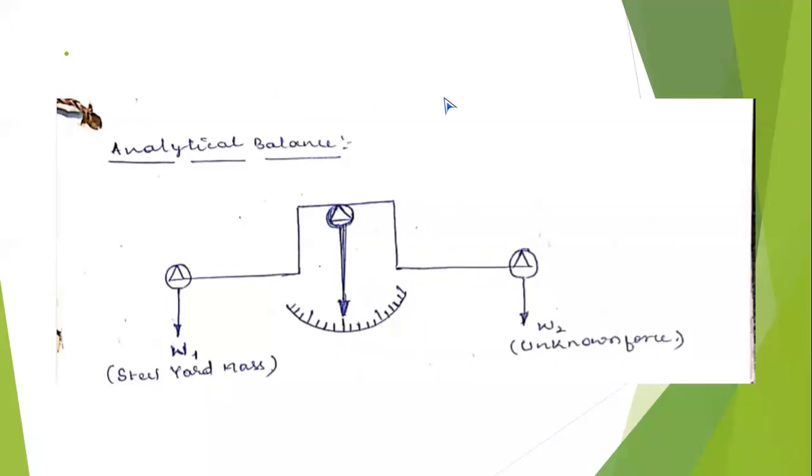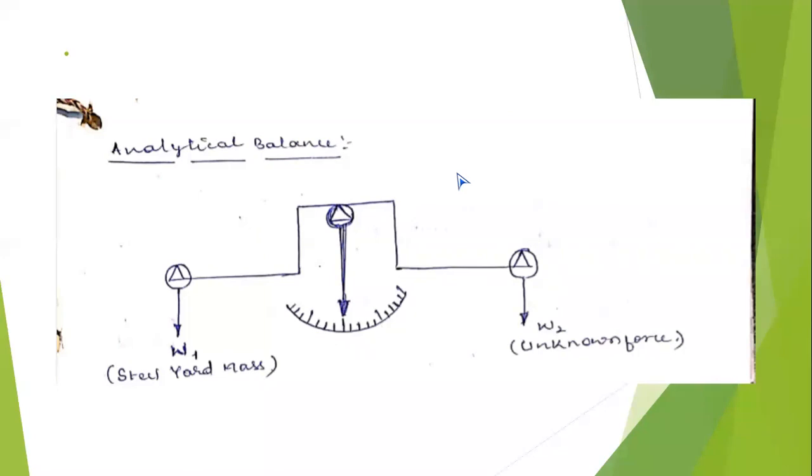Before weighing the force, bring the analytical balance to read zero. That is nothing but bring the analytical balance to null balance. That is, this dial should read zero. All of you observe here, this indicator dial shows the 0 graduation, and on the left side you have 10 graduations, and on the right side you have 10 graduations.